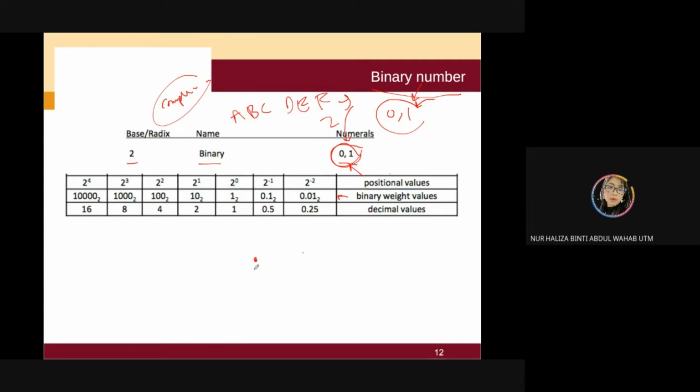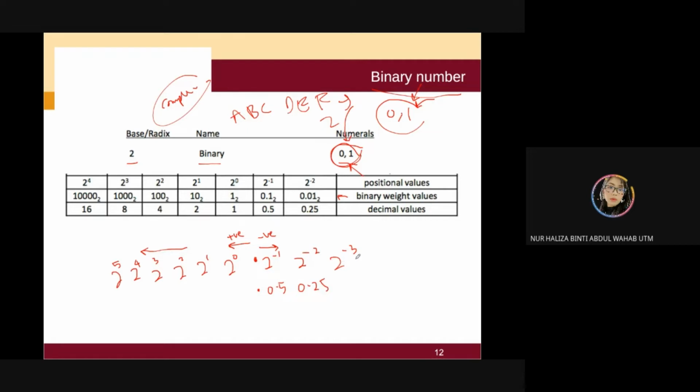On your right of the point, you're going to have to the power of minus 1, to the power of minus 2, to the power of minus 3. And to the left, it will be positive: to the power of 0, 1, 2, 3, 4, until the rest. And if you convert to decimal, the value will be 0.5, 0.25.